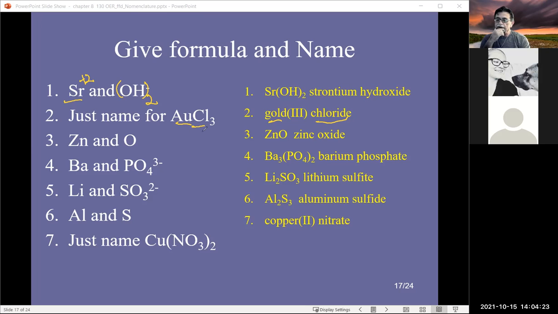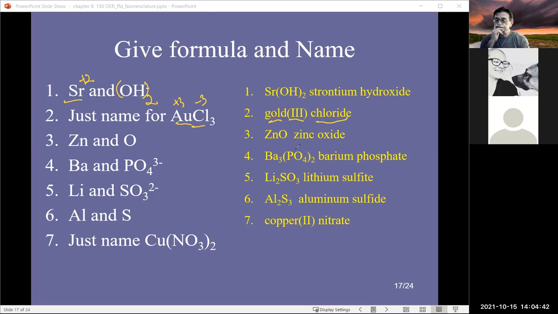So I need to figure it out. Each chloride is a -1. So that implies that I got a total of -3 for the chlorides, which tells you that gold has to be a +3. So therefore I use Roman numeral 3.